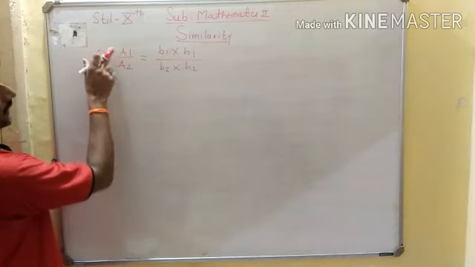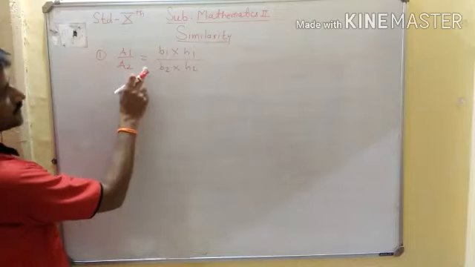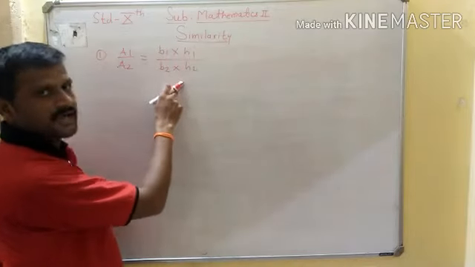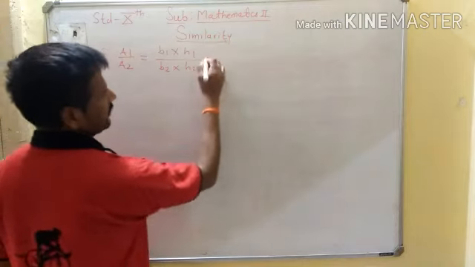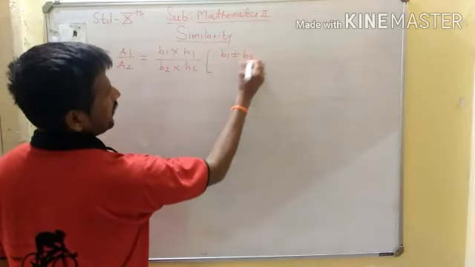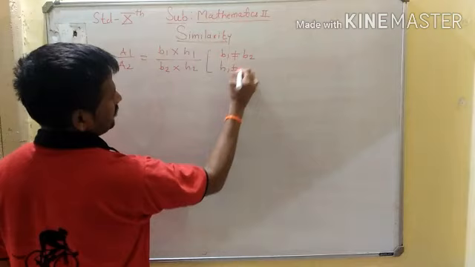Then we get the ratio of areas of two triangles is equal to the ratio of the product of their bases and corresponding heights. Here the bases and heights are distinct.